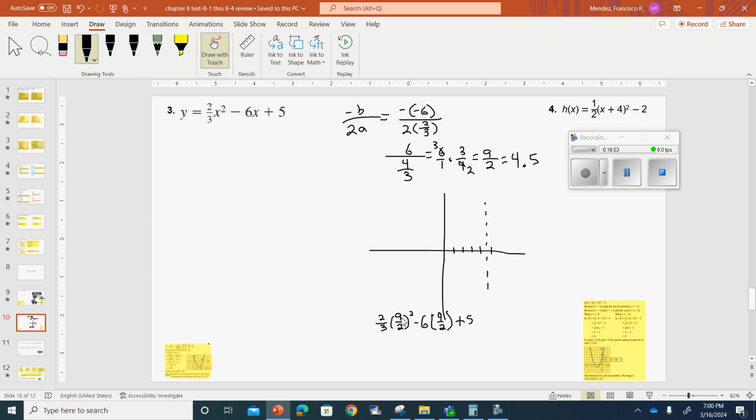All right, well, 9 over 2 squared is going to be 81 over 4, because remember, we're squaring 9 and we're squaring 2.